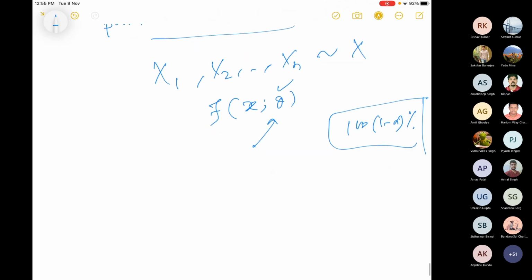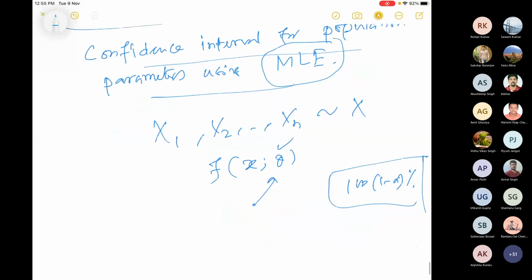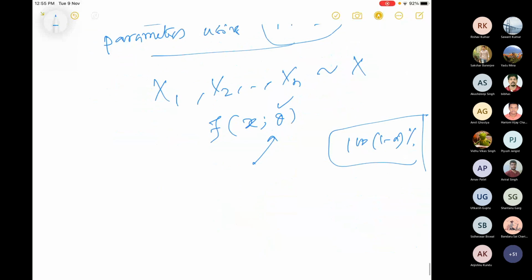Now here, the first thing to remember is, since the name is maximum likelihood estimator, first of all we do a point estimation. The idea is, first you find theta hat, the maximum likelihood estimator for theta, by solving that optimization problem which we discussed yesterday.